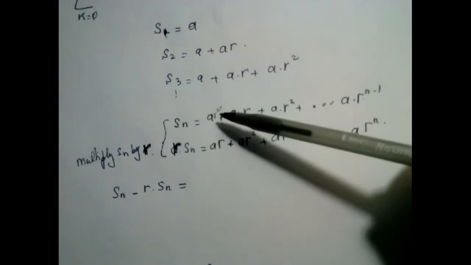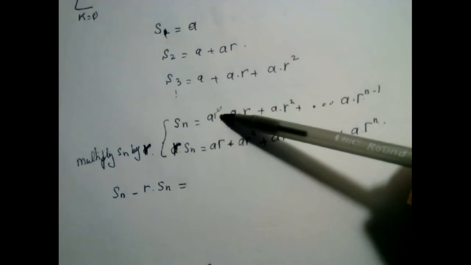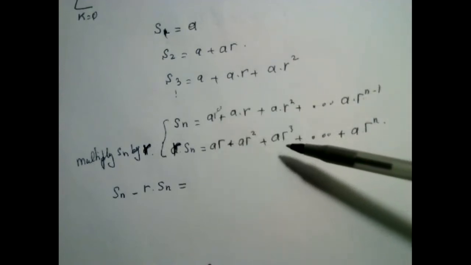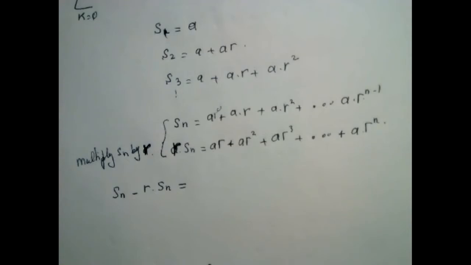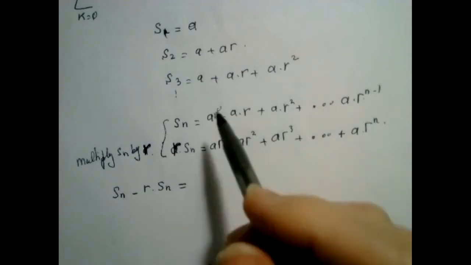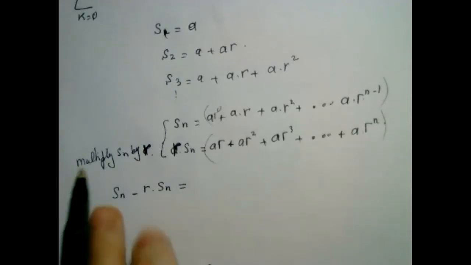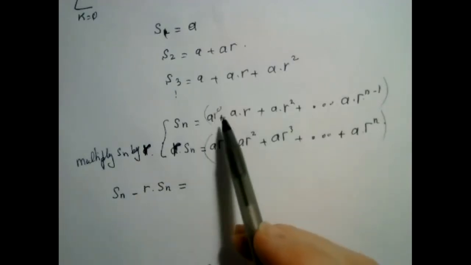What do I get? A plus A R squared, blah, blah, blah, minus this. This would leave me with what? Anybody? It means I'm going to take this term, subtract this whole thing. My goal is to find a nice formula for Sn.